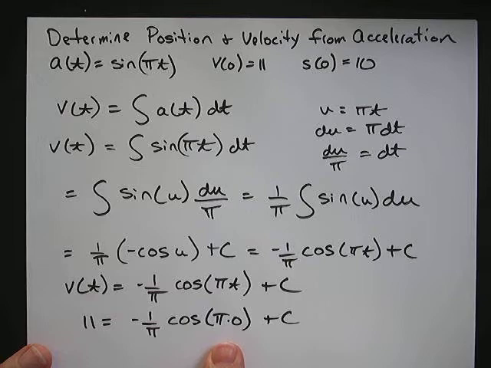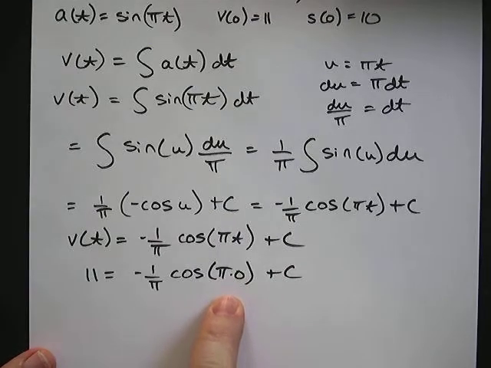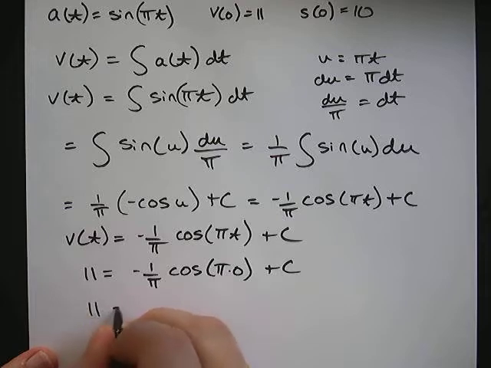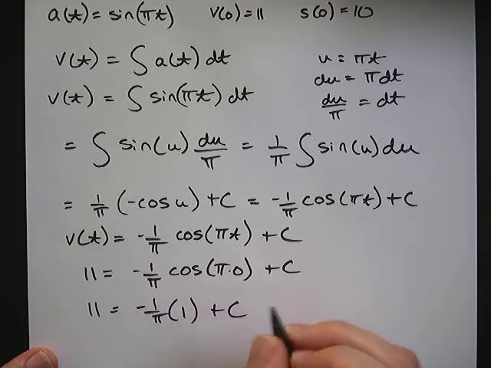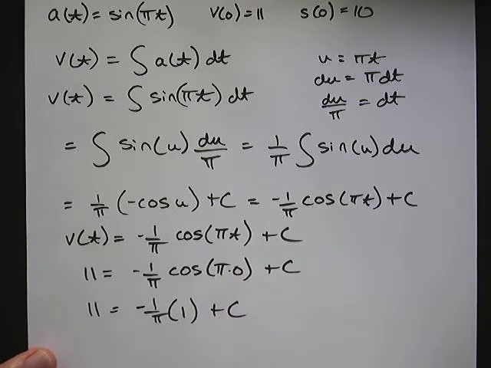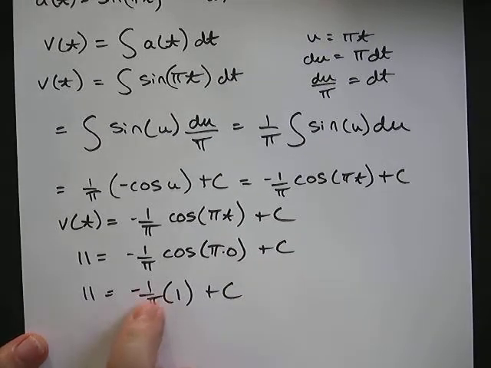Pi times 0 is 0, and cosine of 0 is 1. So 11 is equal to negative 1 over pi times 1 plus c. If I add this over to the other side, I get 11 plus 1 over pi equals c.